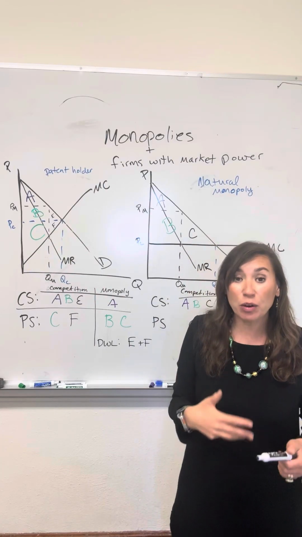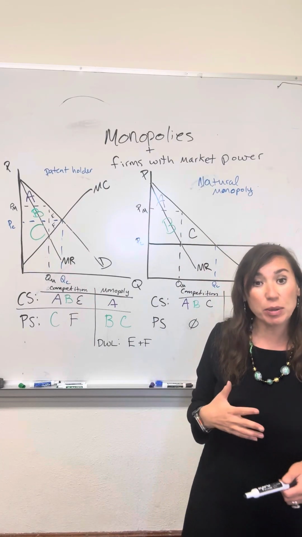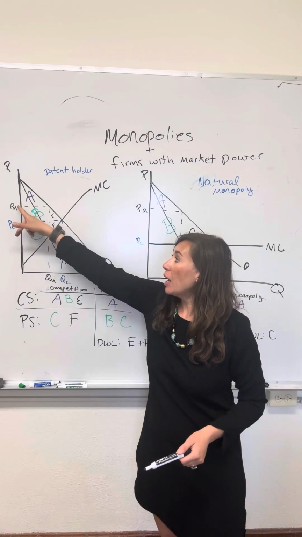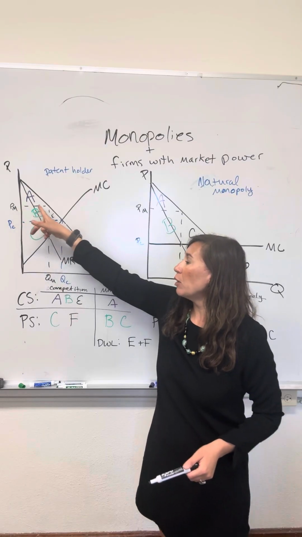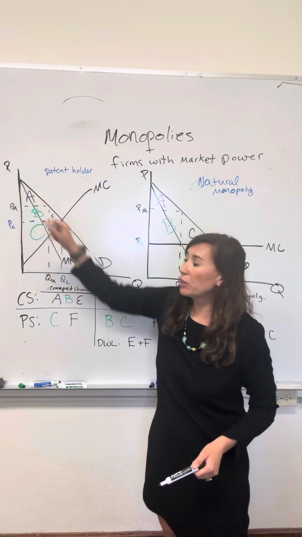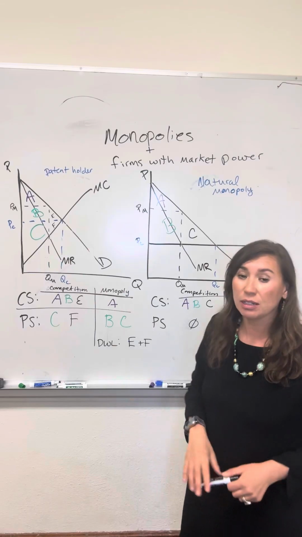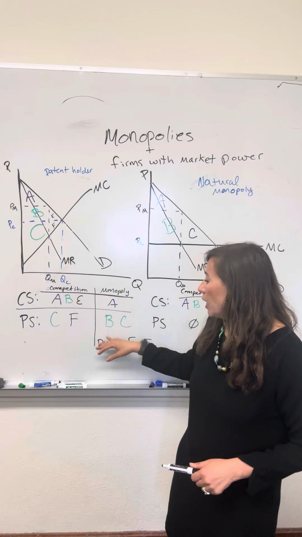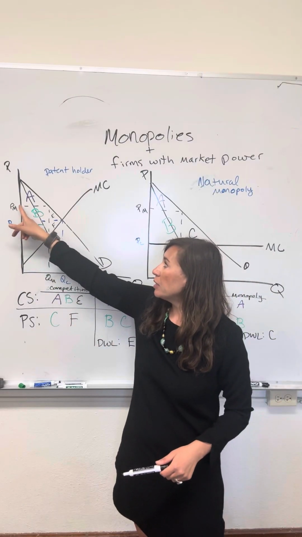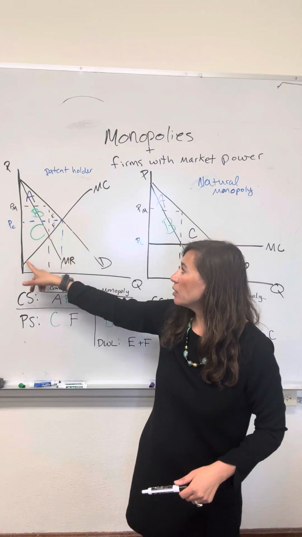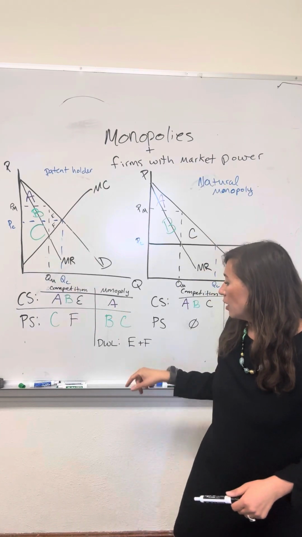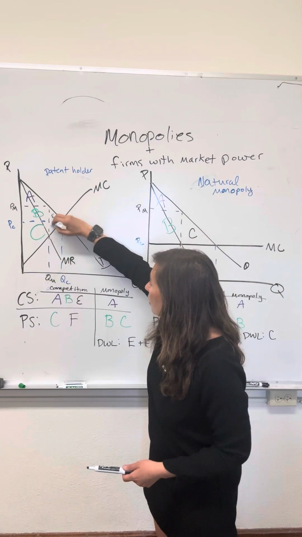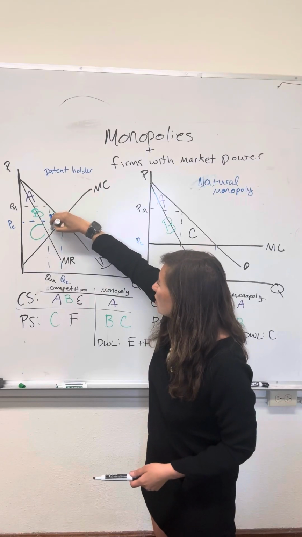However, if you allow for this patent to exist and limit competition as a result, what happens is consumers pay a higher price, so the price they get out to the quantity traded up to the marginal value, that becomes area A, a limited and smaller consumer surplus under this scenario. And then producers get a higher price out to the quantity traded all the way down to their marginal cost, so they get B and C. So that means that E and F, this right here, is all deadweight loss.